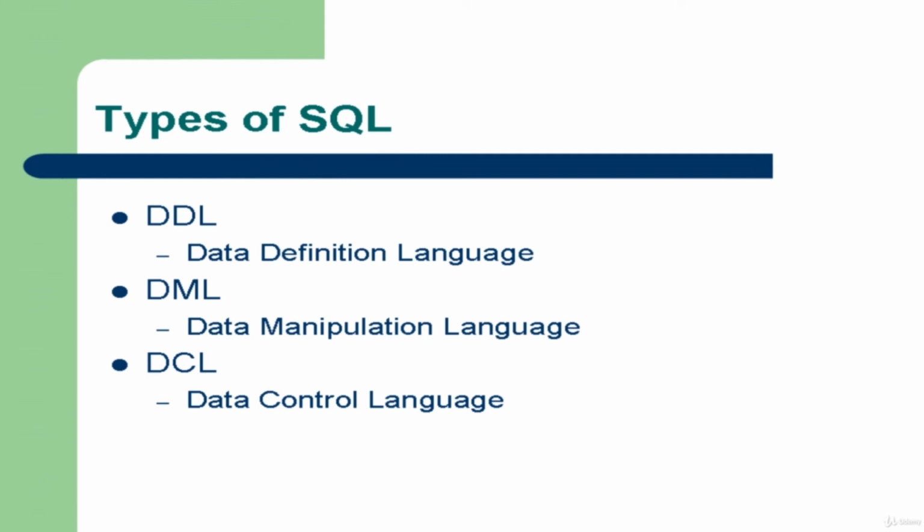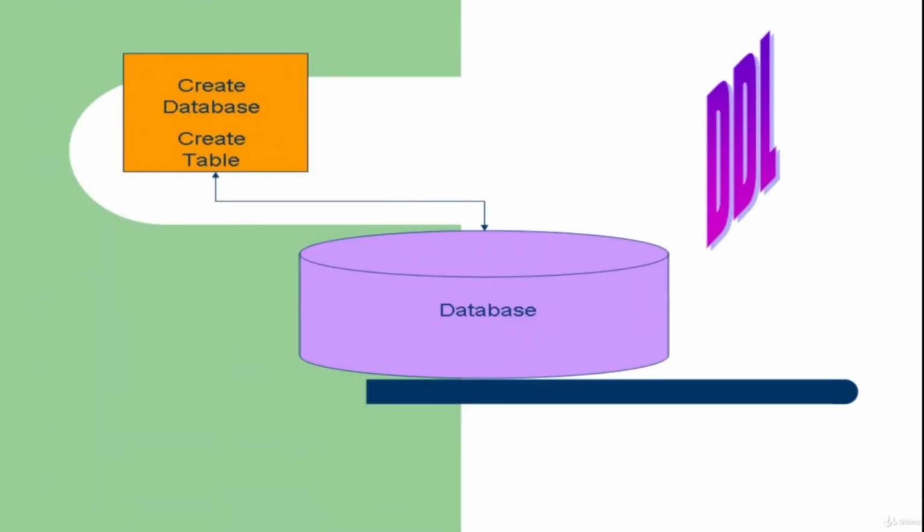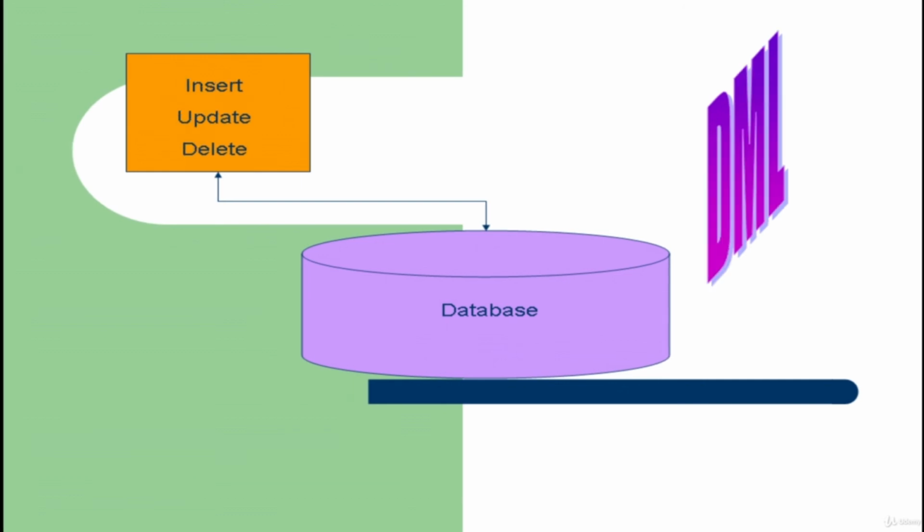When you create a table, you are basically defining the format, name of the fields, data types, etc. That is called metadata about the table. That is DDL.